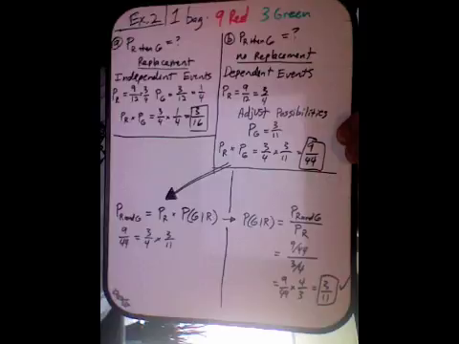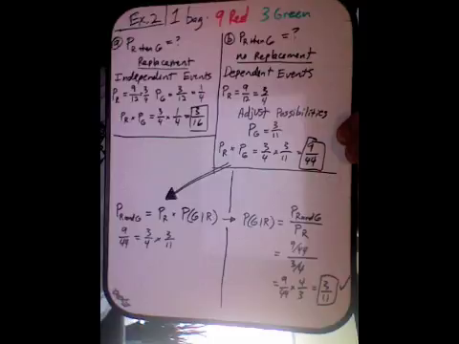And we said that that was equal to the probability of getting a red, 3 over 4, times the probability of getting a green. But that probability of getting a green is really not just plain old probability of getting a green, right? Because it's the chances that we get a green given that we've already taken out a red. So it's really probability of G given R.